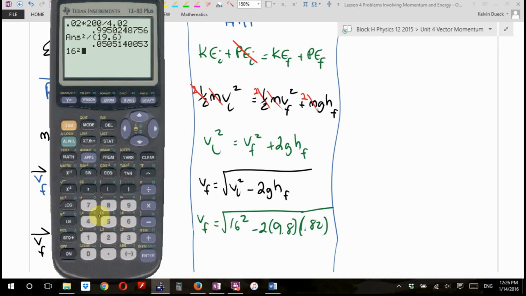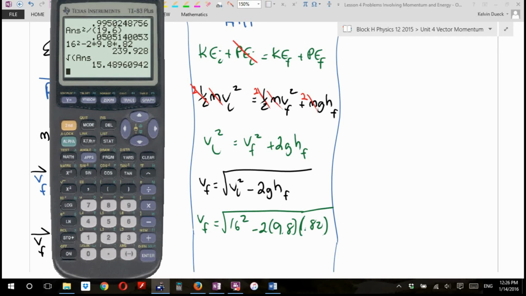By the way, at the top of the hill, will it be going faster, slower, or the same? Slower. So if I get an answer bigger than 16, what do I know? I've messed up. Especially if I was dividing or something.